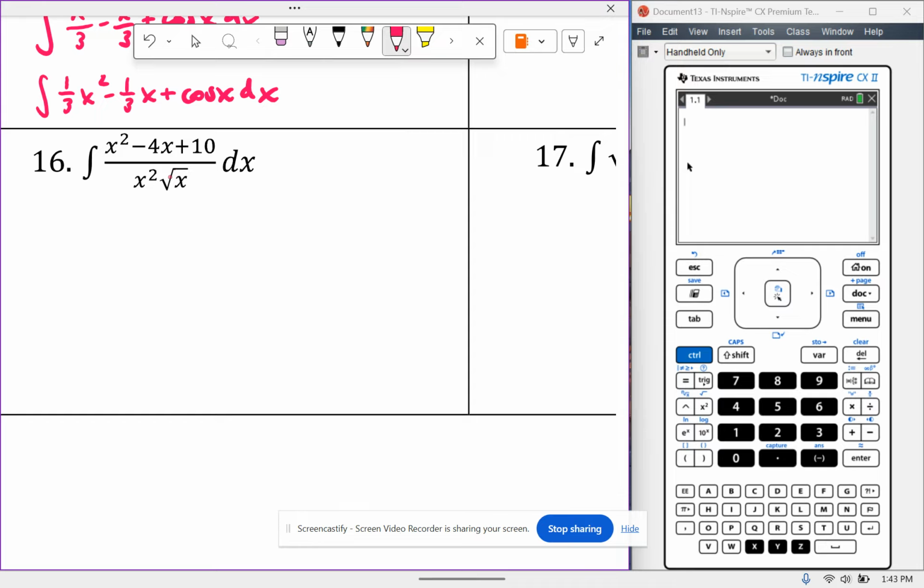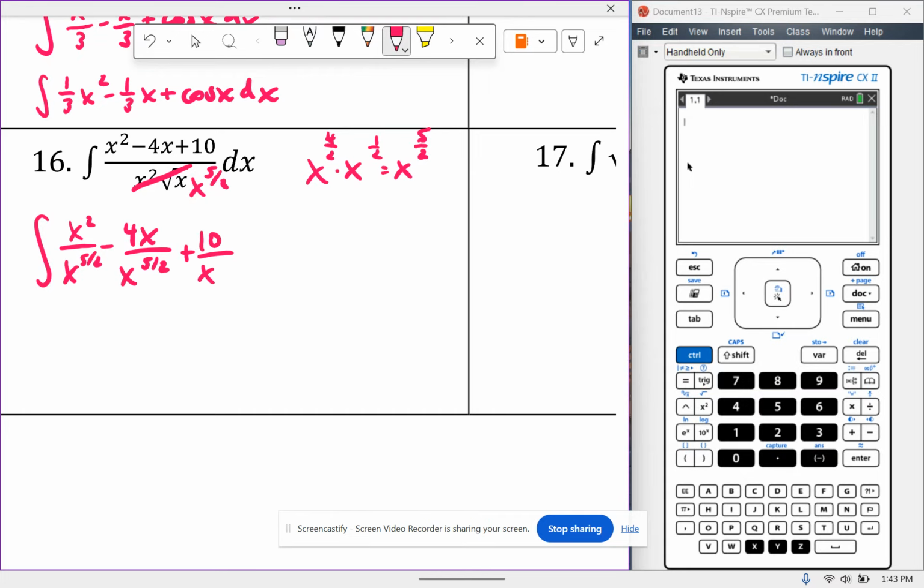I've got x to the 4 halves times x to the 1/2, so that's going to be x to the 5 halves. So I've got x to the 5 halves down here. And if I'm splitting it up, I now have x squared over x to the 5 halves minus 4x over x to the 5 halves plus 10 over x to the 5 halves dx.